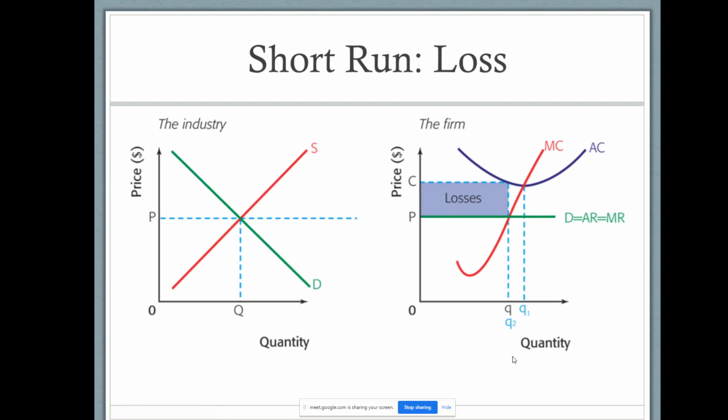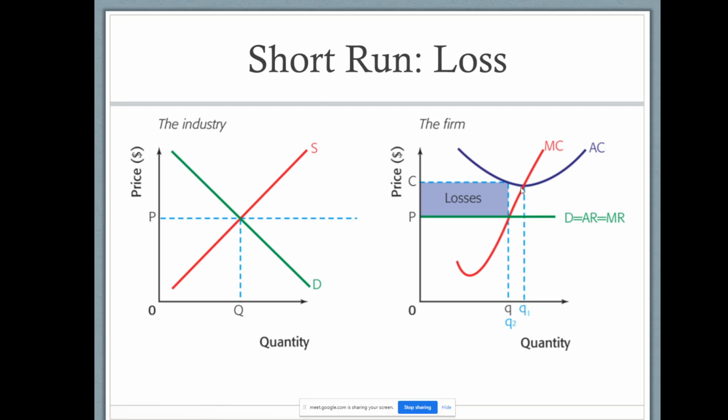So if you look at this diagram here, where can you find productive efficiency? In which output? Okay, the lowest point of AC, which is Q1, right?